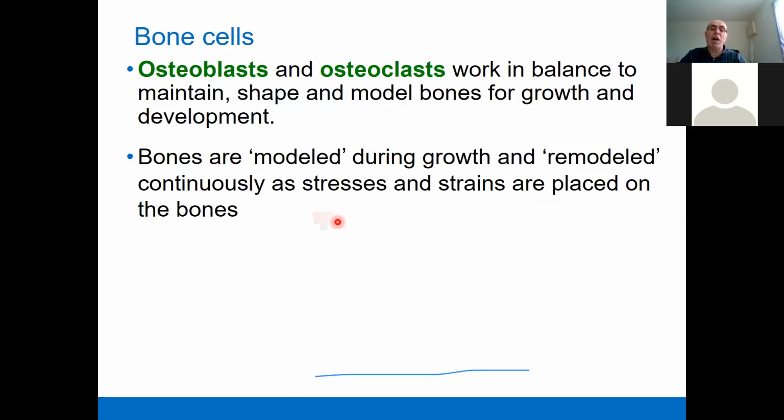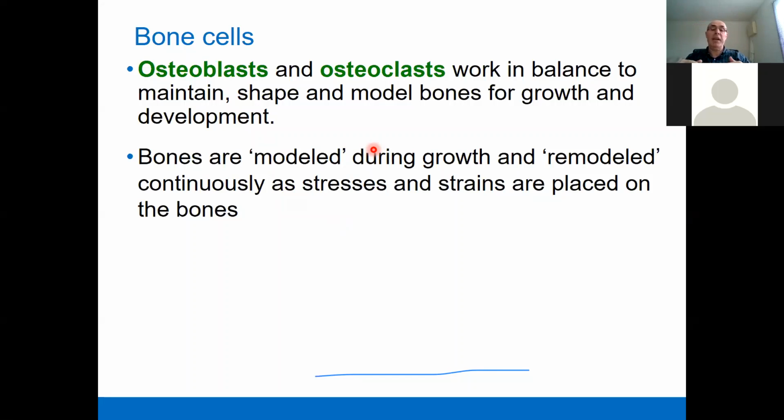As a child ages, the osteoblasts should work more than the osteoclasts in order to grow our bones. But once we are adults, these two cells should work in balance.